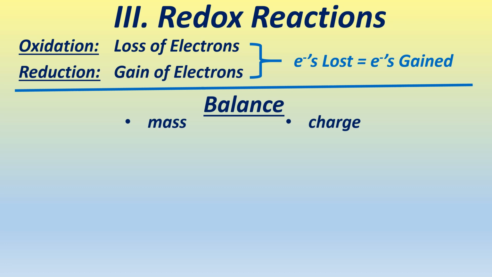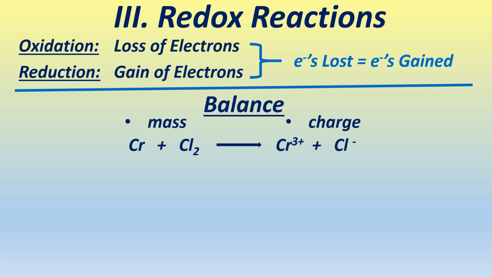For example, qualitatively, chromium reacts with chlorine to give chromium 3+ and chloride ion, Cl-. One knows that this is a redox reaction because the charge is changing from left to right.